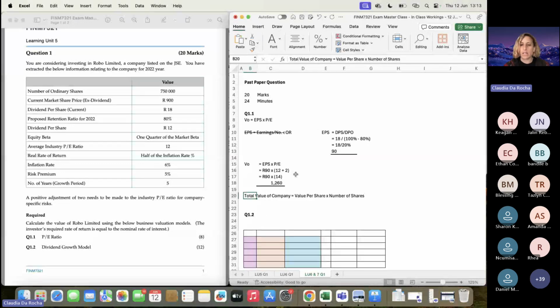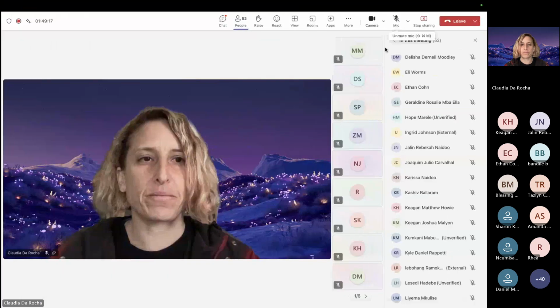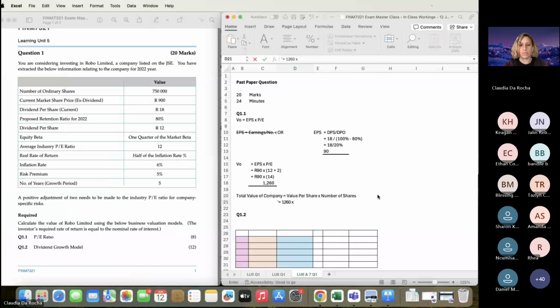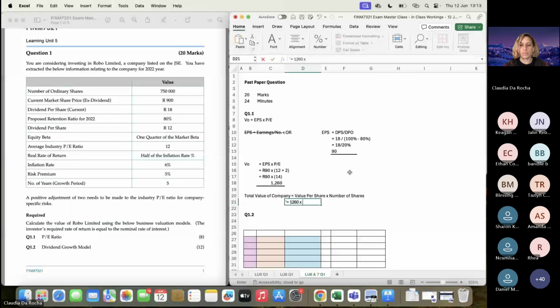Our value per share is the 1260, and we're multiplying by the number of shares which they've told us, the 750,000.